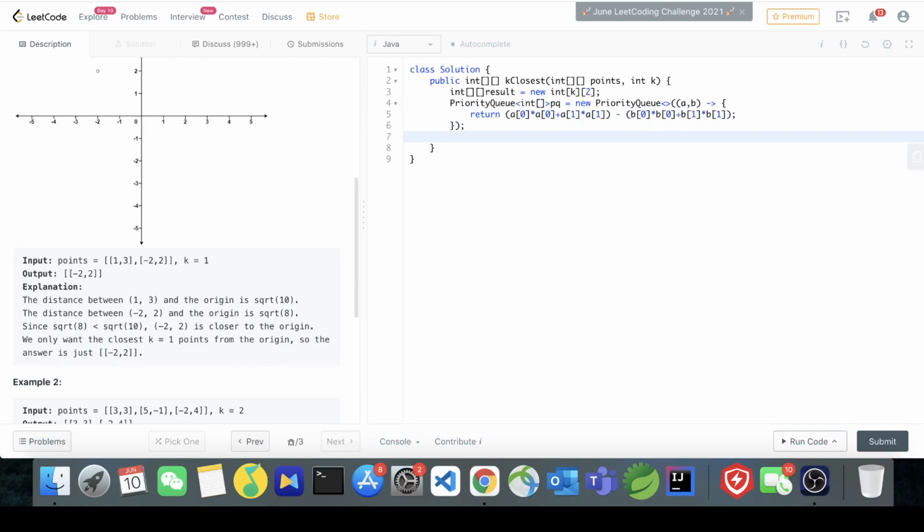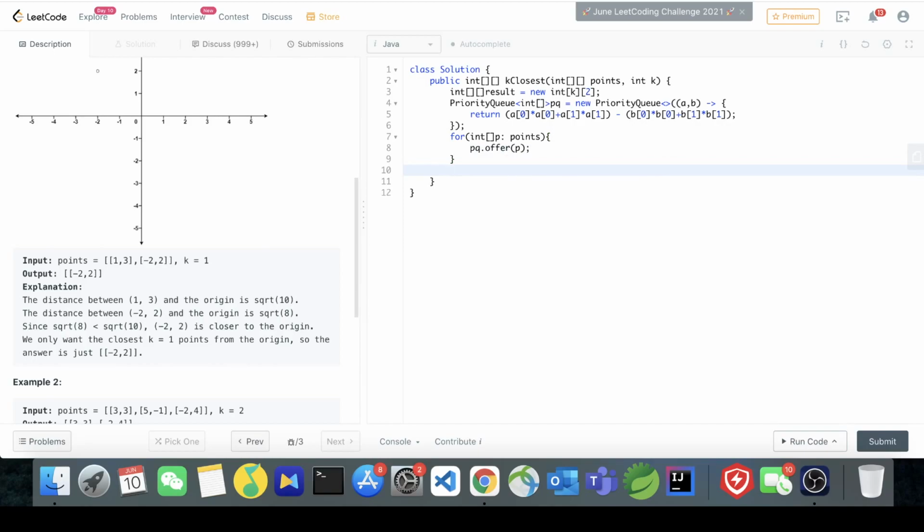And then for each point inside the points array, we have to insert it into the priority queue, pq.offer p, and then the priority queue will sort each point in ascending order depending on the sum of square of x and square of y.